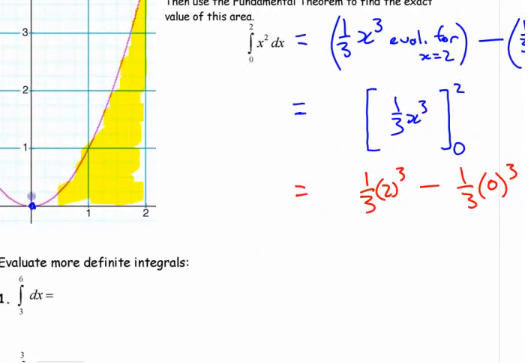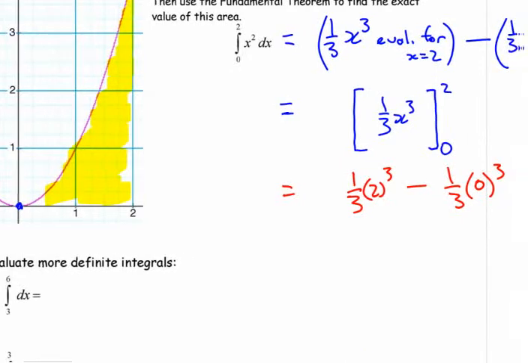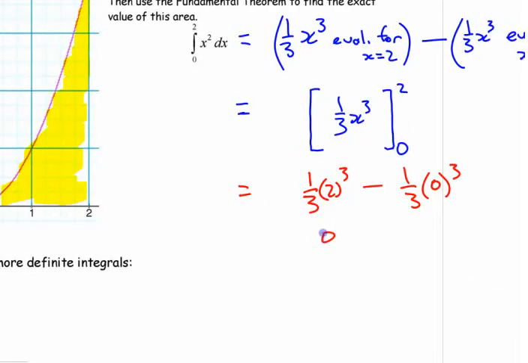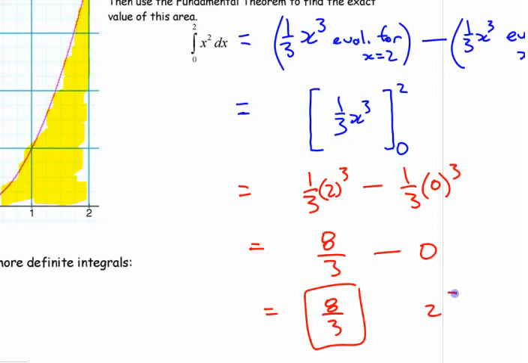What's the area under the curve at 0? Nothing, so that should be 0. 8/3 minus 0, or 2 2/3, which is along the lines of what it looks like it should be: 1, 2, if you count part of this one, and then most of another one.